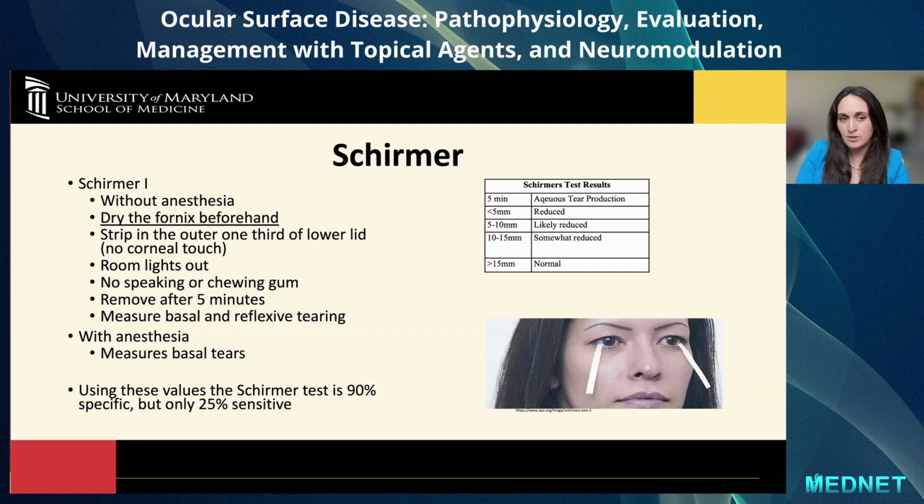Without anesthesia, it measures both basal and reflexive tearing, and with anesthesia, it measures just basal tear production. And the Schirmer's test is 90% specific and only 25% sensitive, but it's a pretty helpful test for these patients.